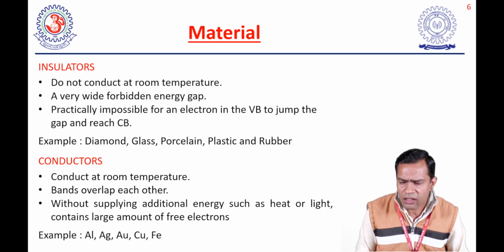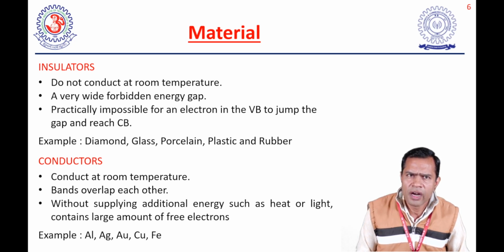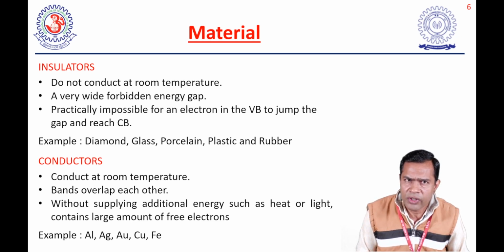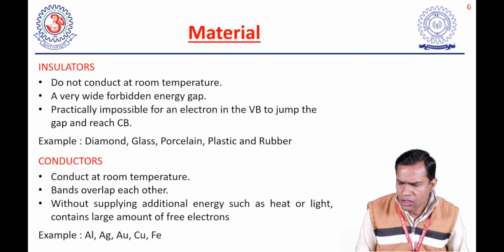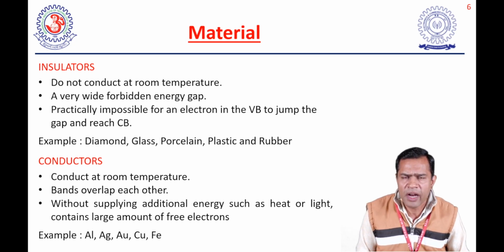If we talk about an insulator, it does not conduct at room temperature and has a very wide forbidden energy gap of 6 electron volts. So it is practically impossible for an electron in the valence band to jump the energy gap and reach the conduction band.